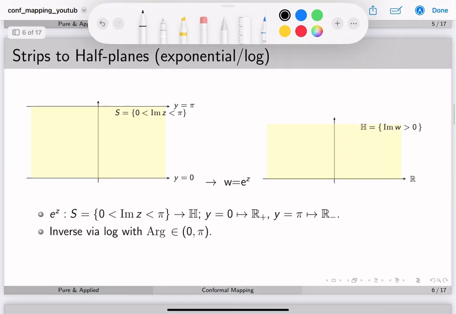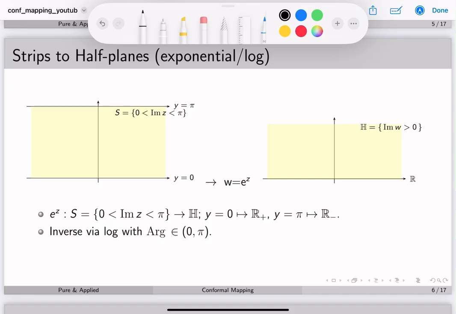Say I want to map a strip into the upper half plane. And the reason we want to map something into the upper half plane is because we're interested in how we can map a domain to the unit disk, as long as it's simply connected and it's not of a special type. So how do we map a domain onto the unit disk?